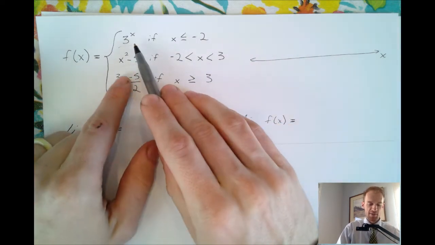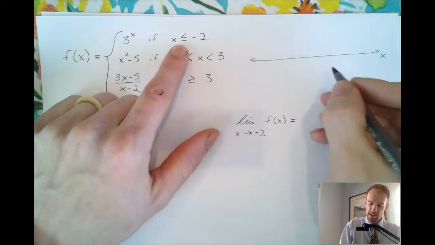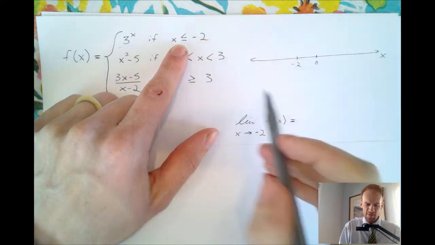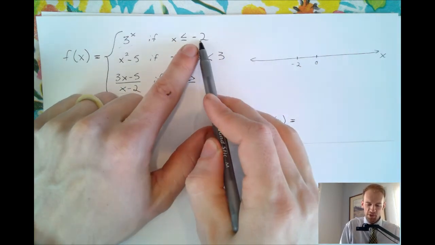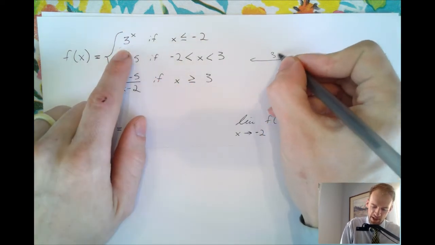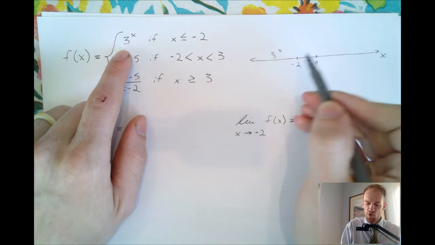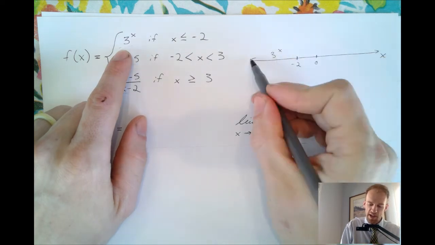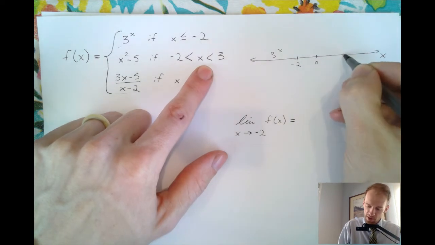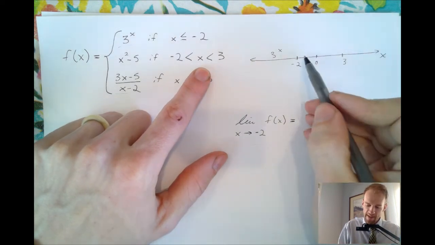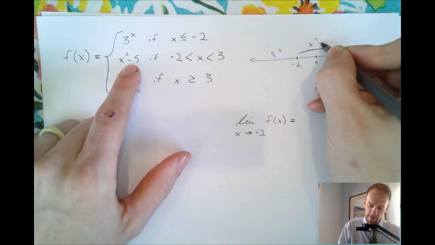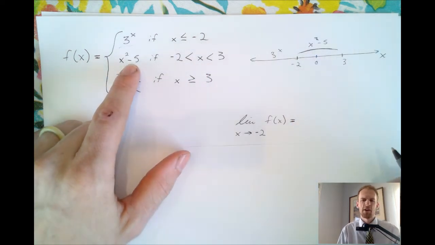So I drew an x-axis. I see that my function is, if x is less than -2, let's say 0 is here, let's say -2 is here. If x is less than or equal to -2, I'm graphing this function 3 to the x. So I'm going to put 3 to the x in that zone from -2 down. And then if x is between -2 and 3, so I'll put +3 maybe right there, in this zone we are graphing x squared minus 5, or my y value is x squared minus 5.